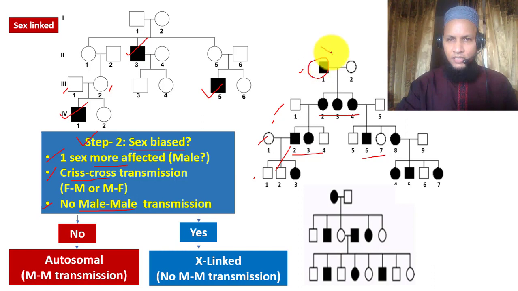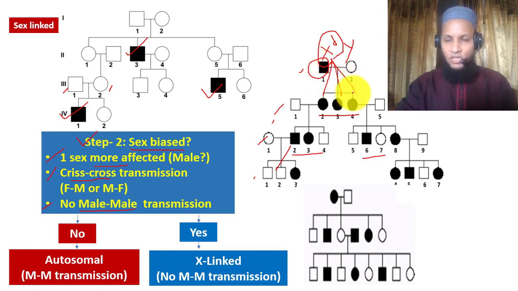Because the father is affected, he has one defective X chromosome. If we write it XD, and the other is the Y chromosome, all of the daughters will get the defective X chromosome. So they will carry the disease. As this pedigree is dominant, that is no skipping of generation, and there is a sex bias, we can identify the crisscross transmission. This is X-linked dominant.